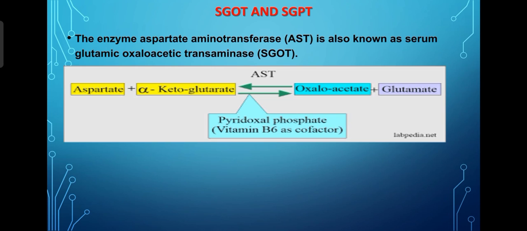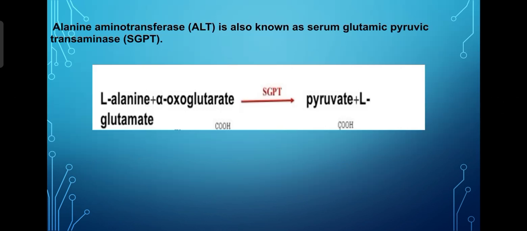Serum glutamic oxaloacetic transaminase, that is SGOT. It is also called as aspartate aminotransferase, AST, and the other one is serum glutamic pyruvic transaminase or alanine aminotransferase.